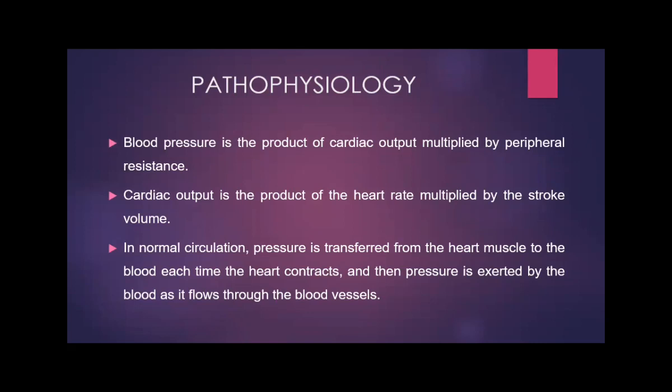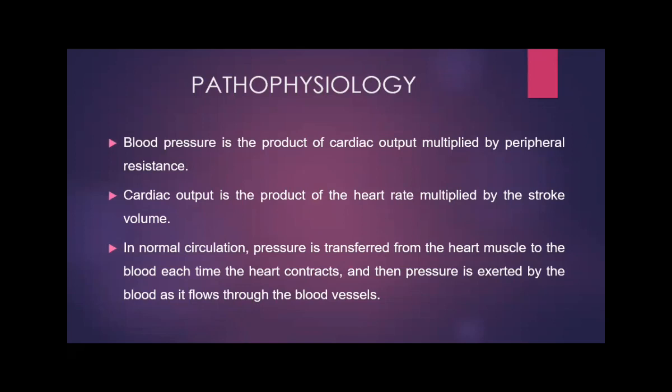The second one is cardiac output. Cardiac output is a product of heart rate multiplied by the stroke volume. So cardiac output is basically the amount of blood that the heart is producing.